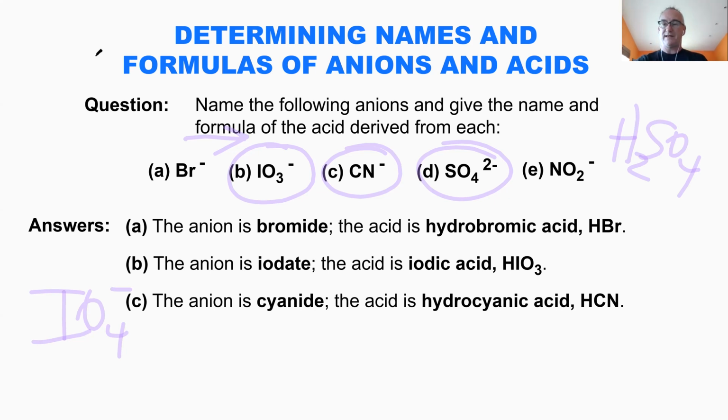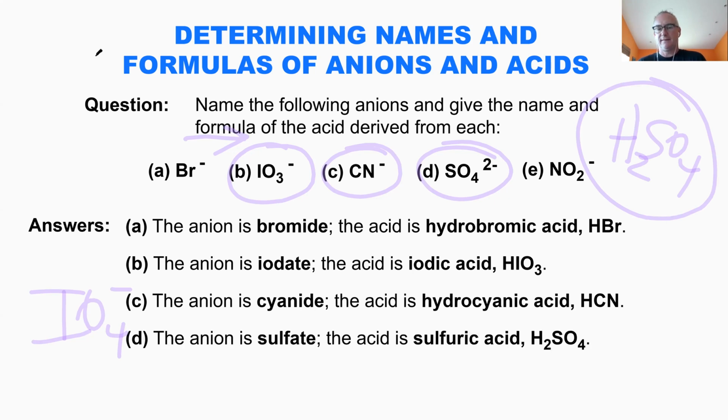So what would we call this acid when we dissolve it in water? So we go from sulfate to sulfic acid. What will we call it? Sulfuric. Yeah. So we need to have the F in there to give us sulfuric acid.